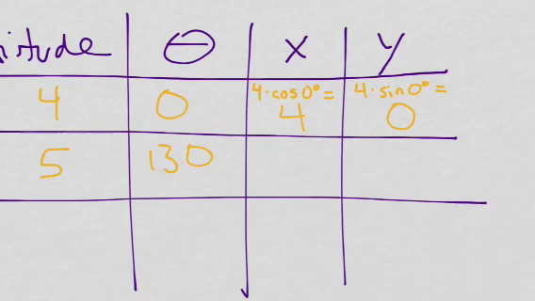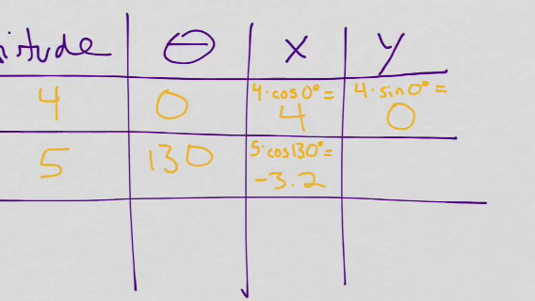So here I'm doing 5 times cosine of 130 degrees, which gets me negative 3.2. We'll just take it to that many decimal places.